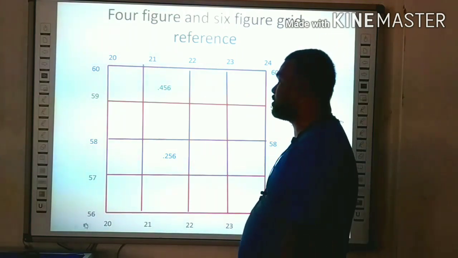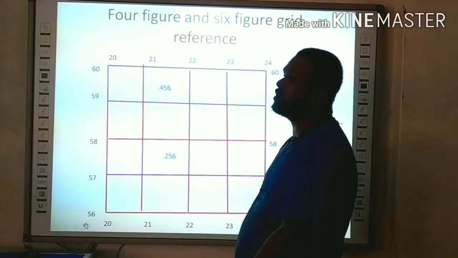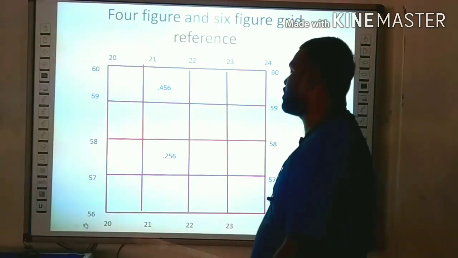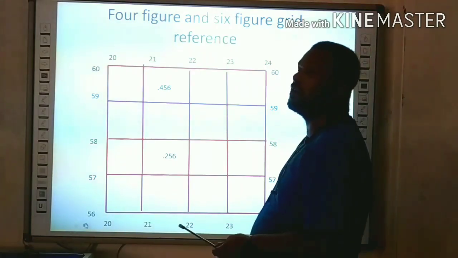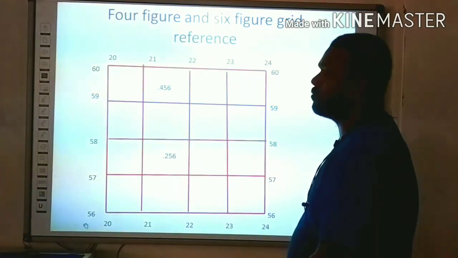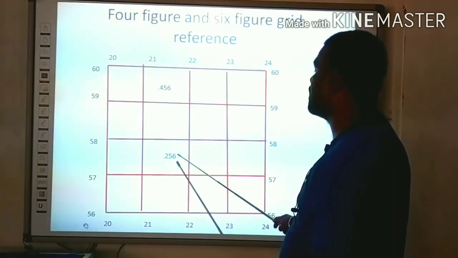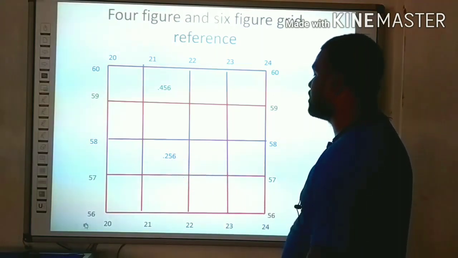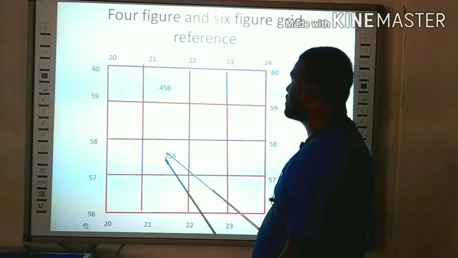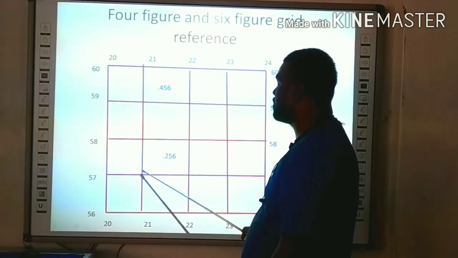Which one will you take? There is a confusion. As we have studied in the lower classes, whenever we start doing toposheet, we always start from the left hand side corner. This is the left hand side corner of spot height 256.